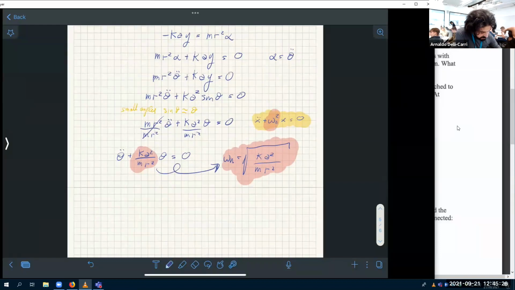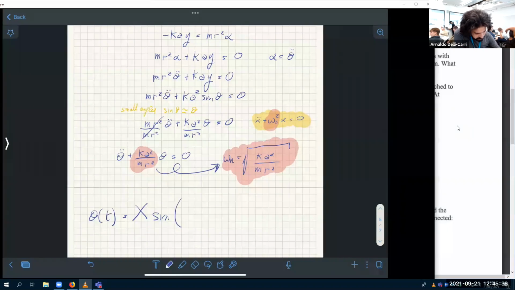So what I'm saying is that if you want to draw the solution of this, the solution is theta of t equals capital X sine of square root of k a squared over m r squared t plus phi.